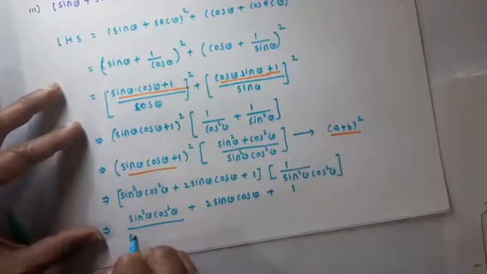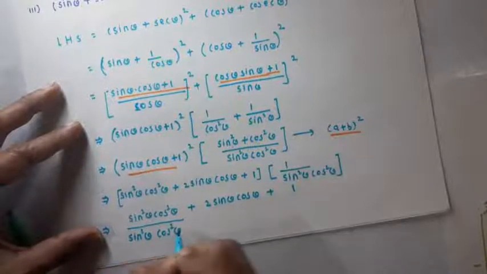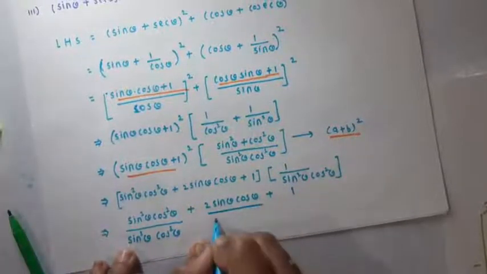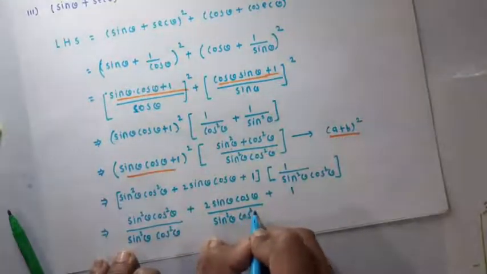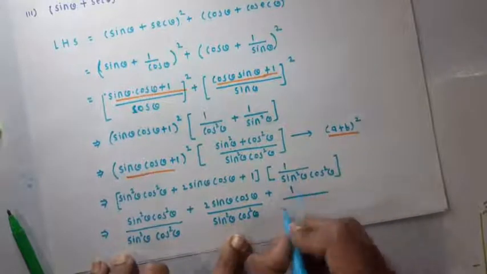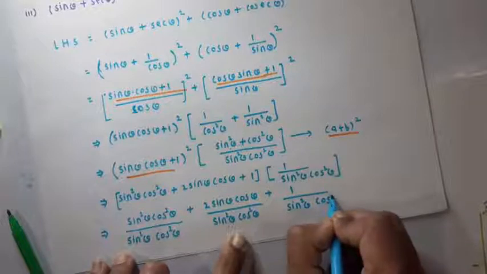Divided by sin square theta cos square theta, and 1 upon sin square theta cos square theta.